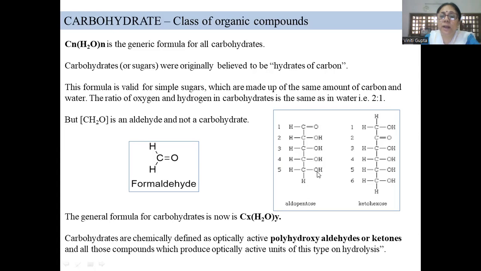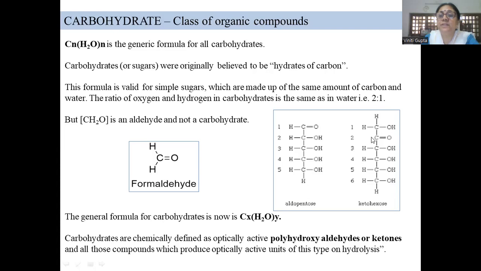So we call it polyhydroxy. And because this aldopentose, as the name suggests, aldo is from aldehyde, has an aldehyde group, we call it an aldopentose. It may be a polyhydroxyaldehyde.